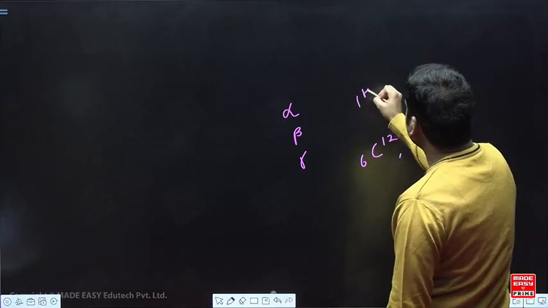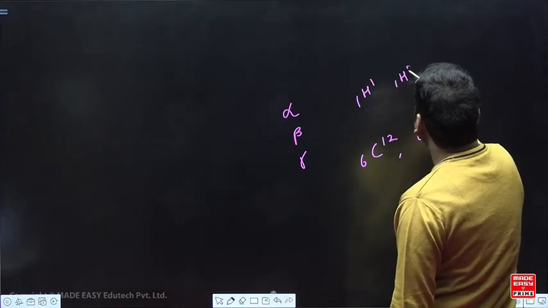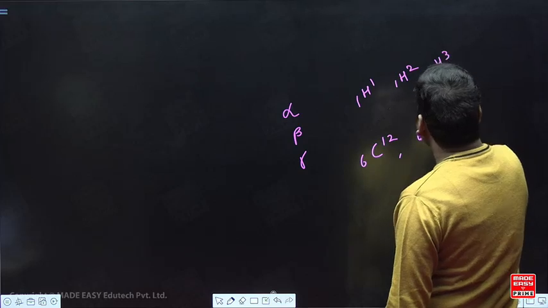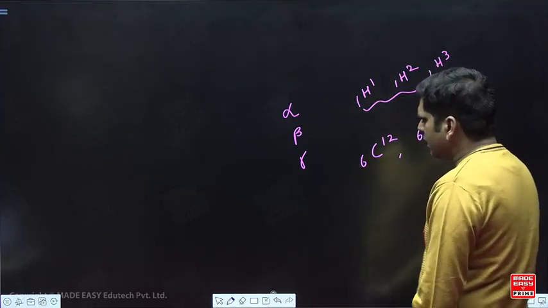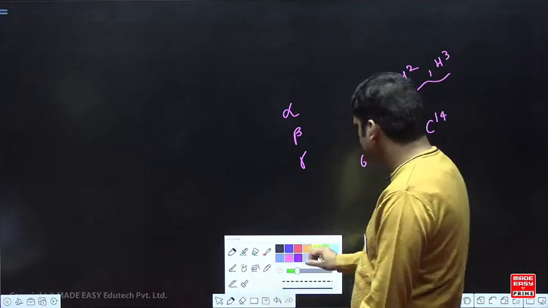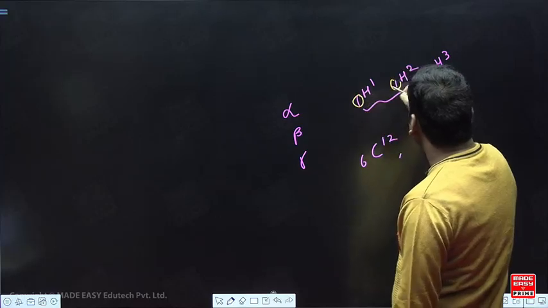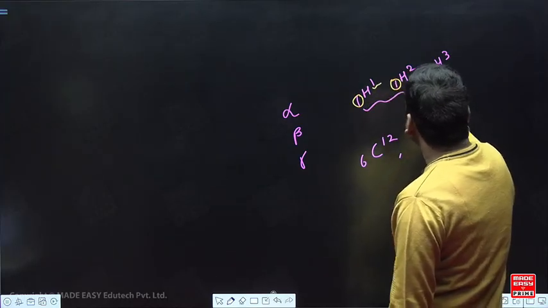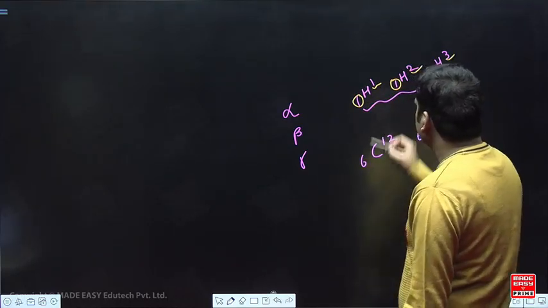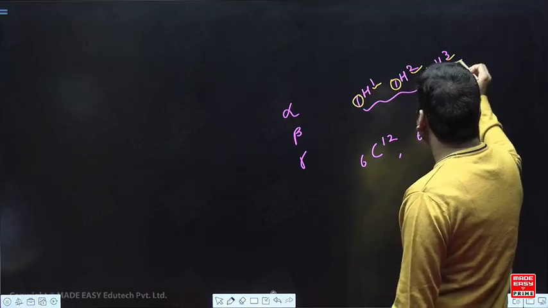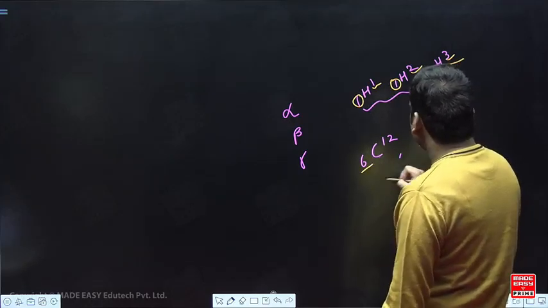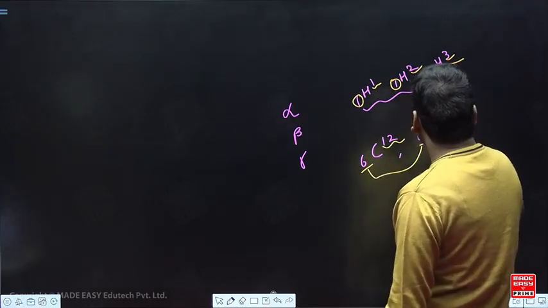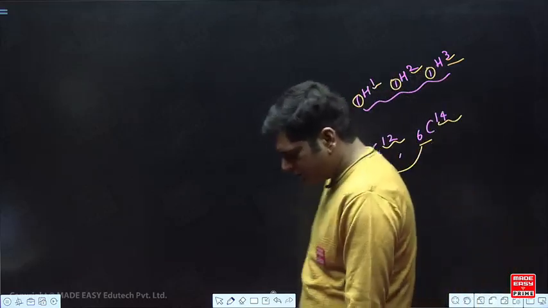Isotopes of hydrogen. Now you see all these atoms of hydrogen have atomic number 1. It means they have equal number of protons, but atomic weight is different. It means the number of neutrons is increasing. Similarly here the number of protons is same, but the number of neutrons is increasing.